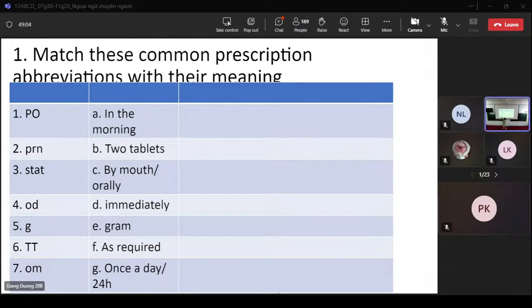Can you please match from 1 to 7 with A to G? What is the exact meaning? Because the abbreviations here may come from Greek, so we cannot find a word beginning with O or beginning with M to stand for OM.